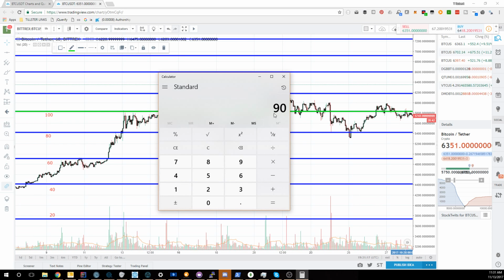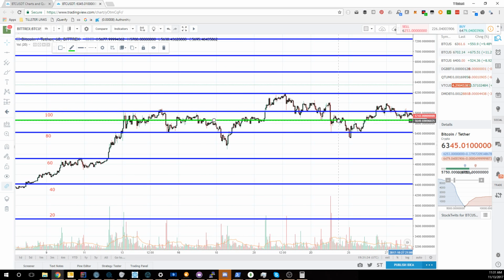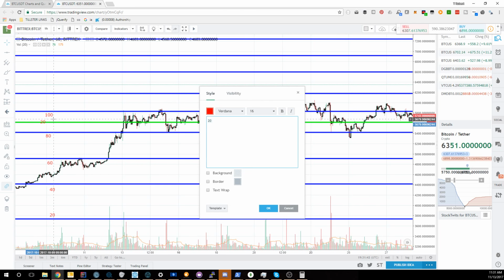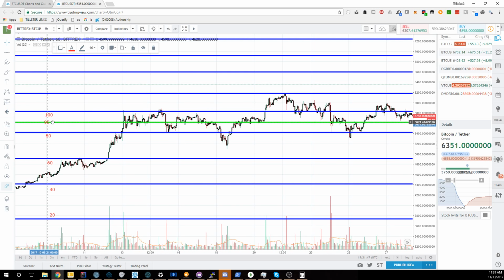According to the math, $100 plus $80, which is what I've spent, divided by the number of coins that I have, 2 coins, is $90. So each of my coins is worth $90. That would be the $90 mark right there. I'm just going to put this in text so you can see it: 90, halfway between 80 and 100.